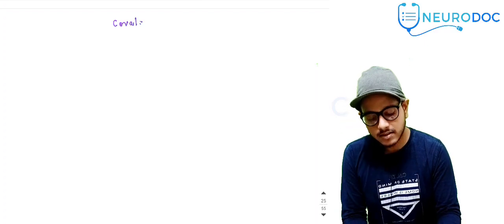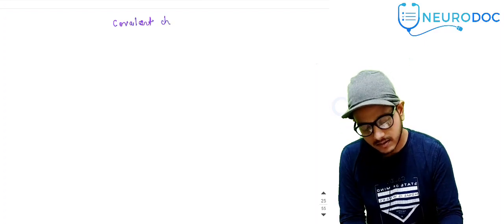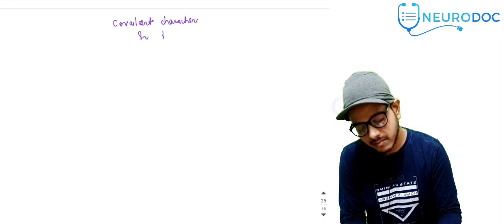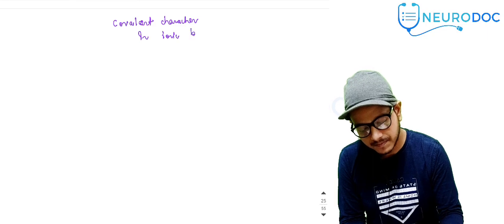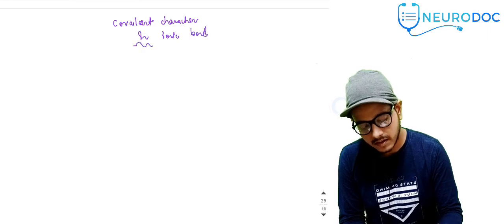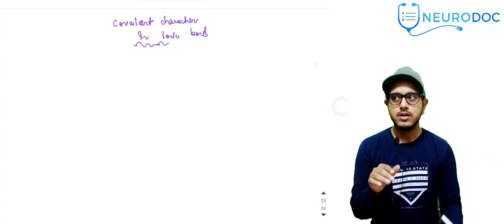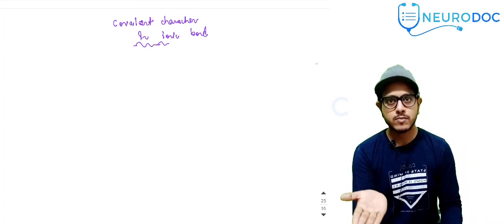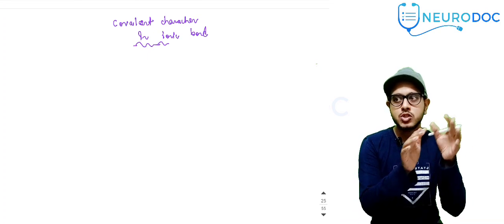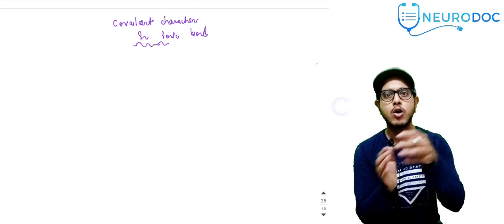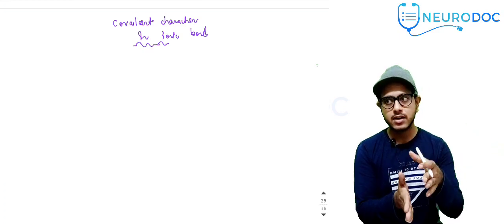Okay. So I can say that covalent character in an ionic bond depends on the cation as well as the anion. The more the polarizing power of the cation, the more will be the distortion or shifting of the anion towards the cation, or the polarization of the anion.